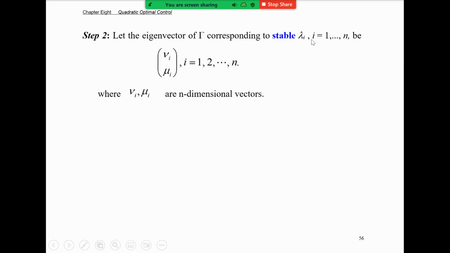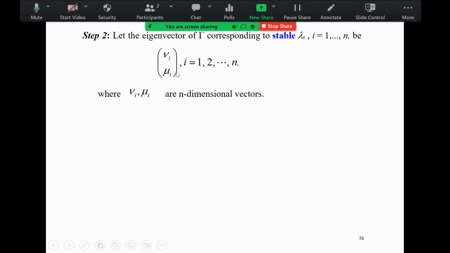For each stable eigenvalue, you compute the corresponding eigenvector of that 2n by 2n matrix. You get those eigenvectors, but we know each eigenvector is 2n dimensional, because that matrix is 2n by 2n.